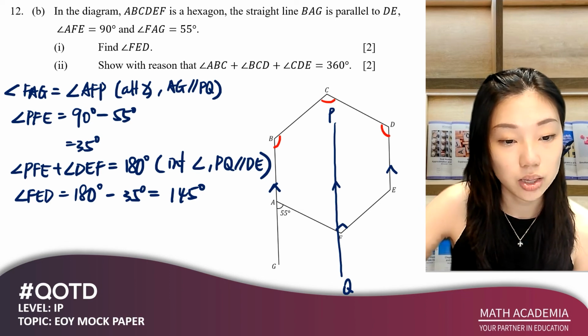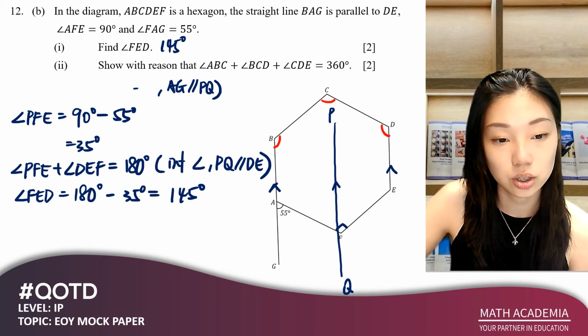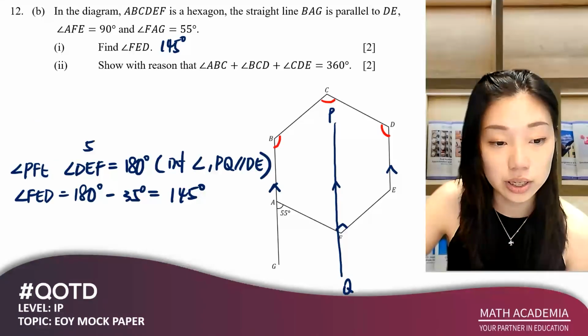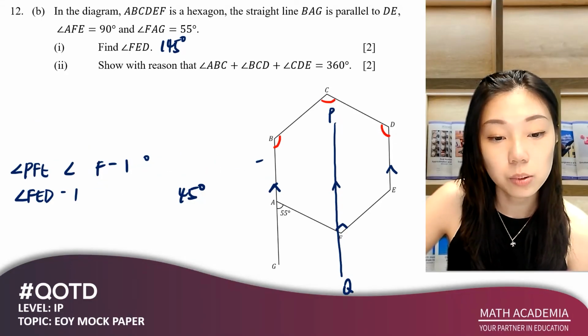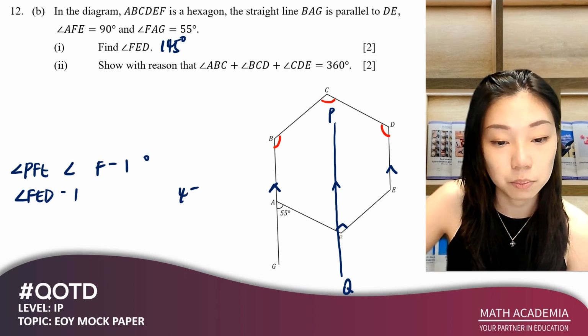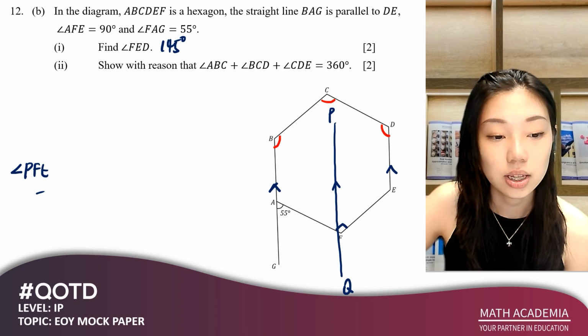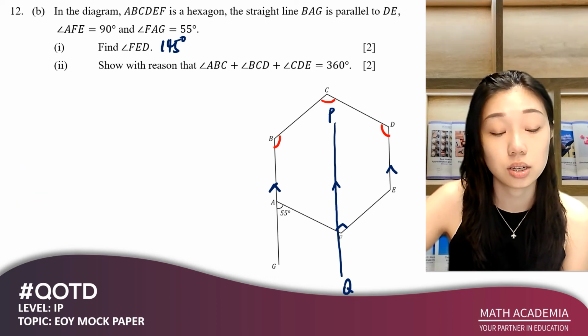Let me erase my working for part 1. I will annotate the final answer beside the question. Since we already know angle FED and angle AFE, and we are able to find angle BAF, it is not hard to prove that the rest of the angles add up to 360 degrees.